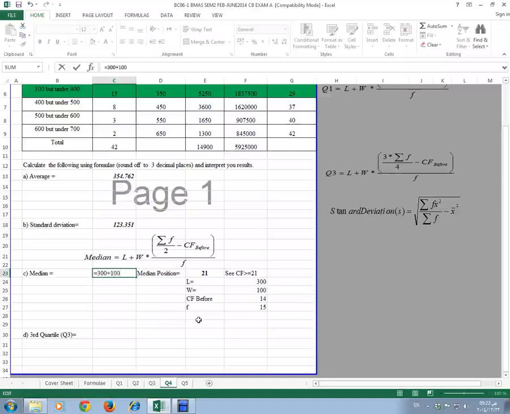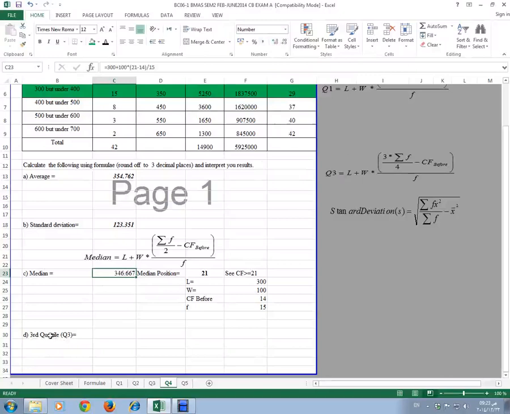After W there is multiply, open bracket, sigma f divided by 2 is 21, minus CF before, here is 14, then close the bracket, divide by the frequency, 15, and press enter. This will give the median. We want 3 decimal places, so we can reduce it to 3 decimal places. This is 3 decimal places for the median.